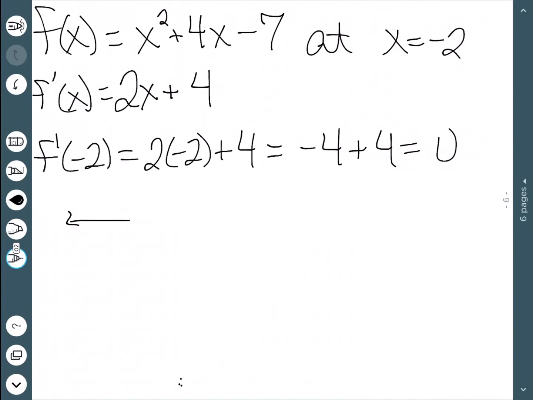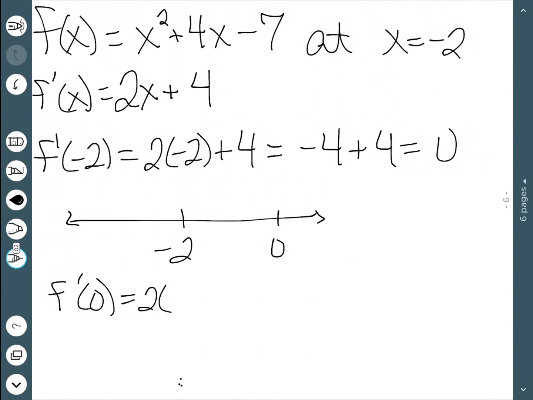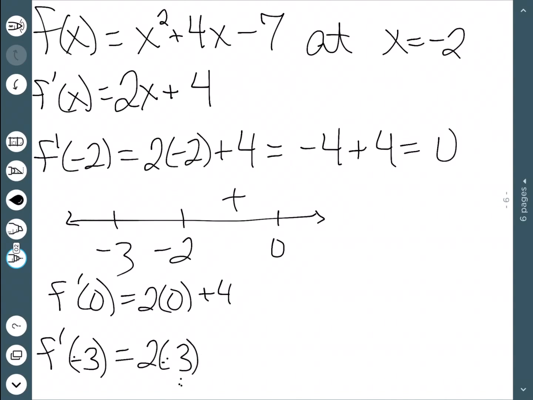What happens around it? Well, if I pick a number to the right, 0 is a good one, and look at my derivative. 2 times 0 plus 4 is going to be a positive number. If I look at a number to the left, like -3, 2 times -3 plus 4 is going to be a negative number.